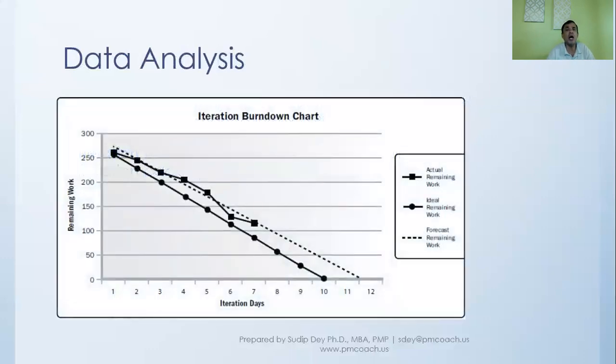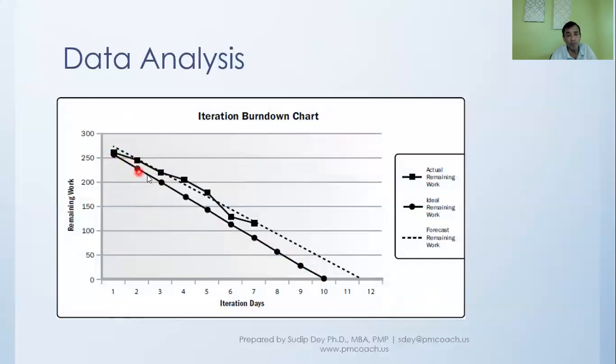So this is how an iteration burn down chart looks like. Let me take a highlighter and show you. What you see here, this straight line that is going down, is the ideal remaining work. So basically this is what we have planned for. And on this particular day, we have so much work left.